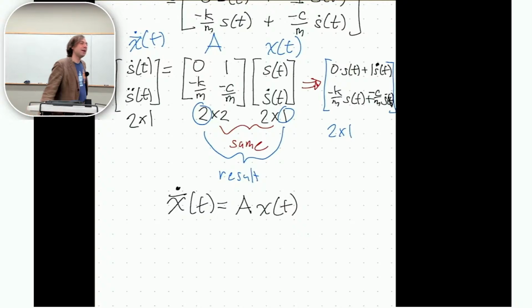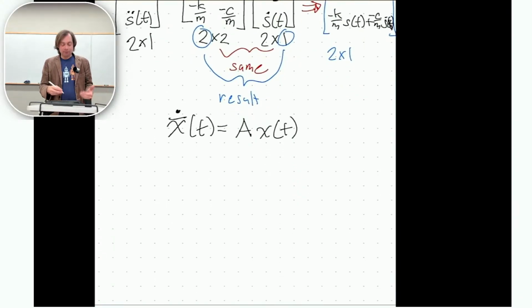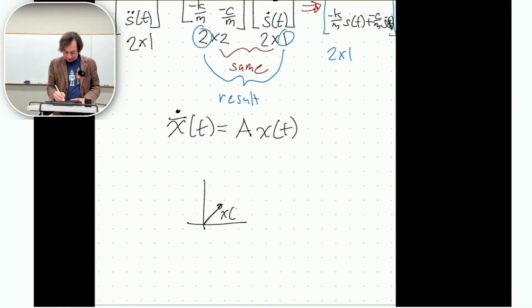Okay? All right. So suffice it to say, it's sort of a characteristic value. This is honestly one of the hardest things to explain in a way that's really accessible to a general audience. The idea is that if you have some vector and you multiply it by a matrix, it transforms that vector in some way, okay? And so imagine you have your vector, we'll call it x of t, and again, think of it as a state vector.